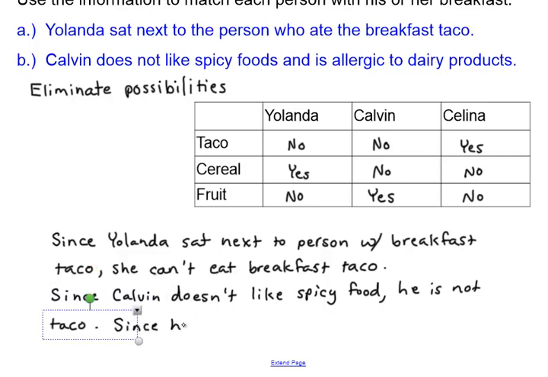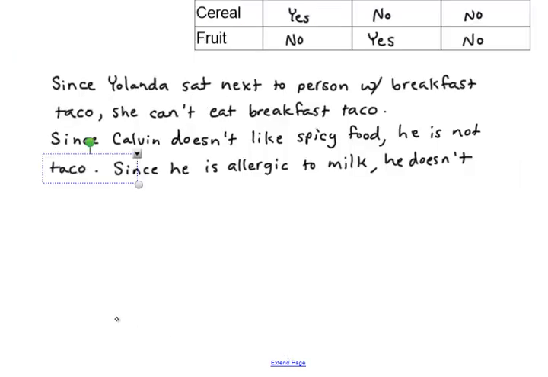Since he is allergic to milk, he doesn't have cereal.